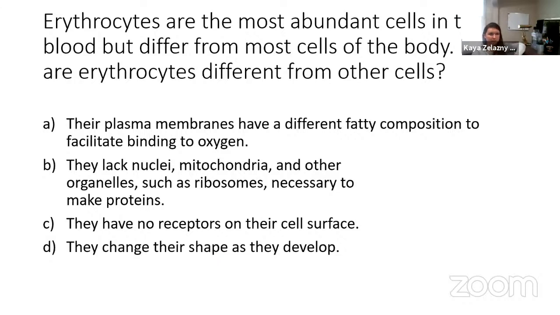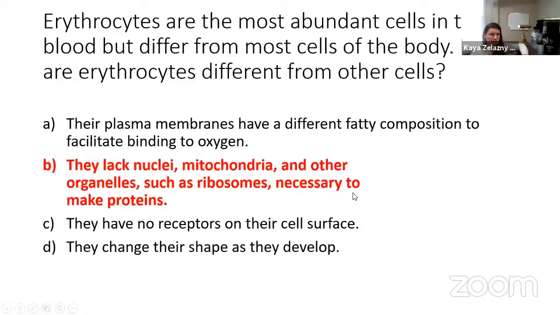So if you're looking at a cell under a microscope, how might you tell that it was an erythrocyte? And you could actually like see this in a good enough microscope. Right.